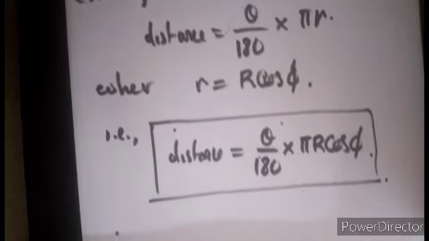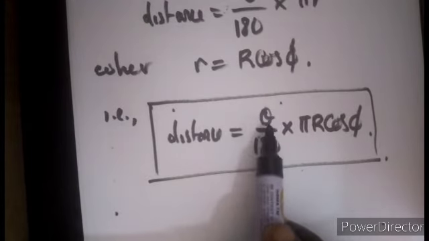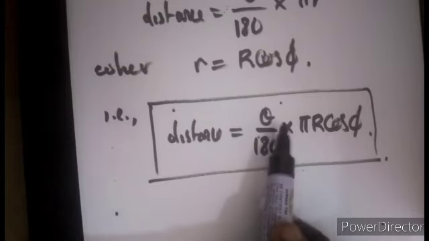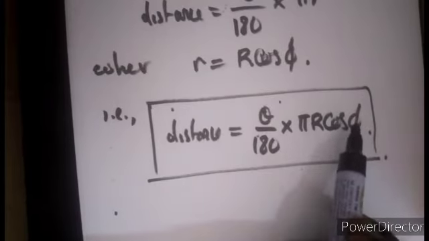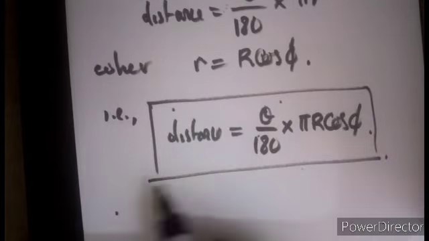Of course, theta is always the angular distance of the points, where phi is the angle between the given parallel of latitude and the equator.